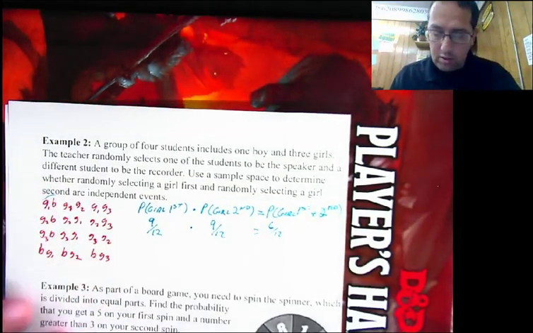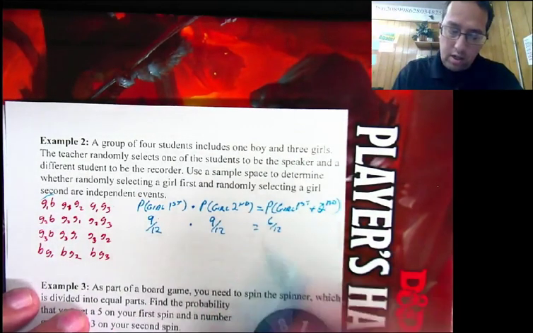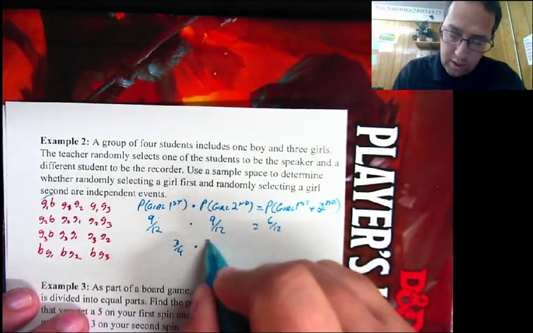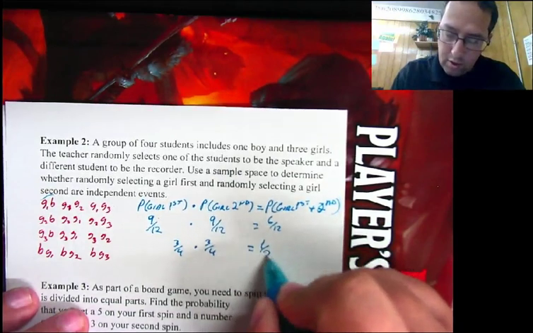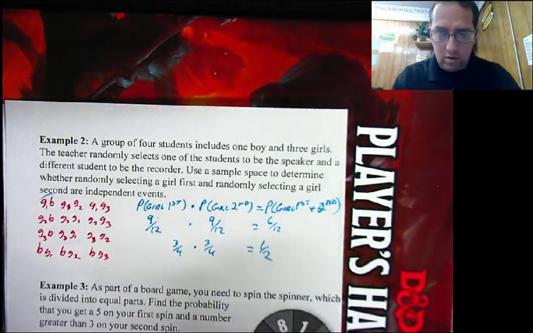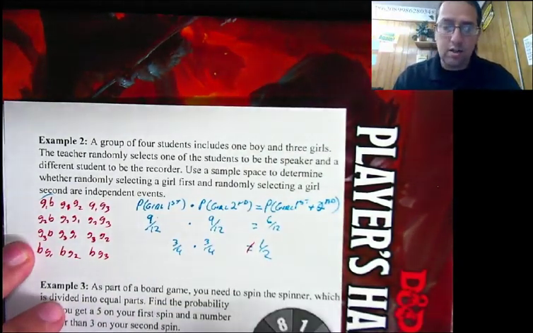So does this work? Let's simplify this. 9 12ths is 3/4, times 3/4, which should equal 1/2. And no, it doesn't. 3/4 times 3/4 is 9/16. It is not 1/2.